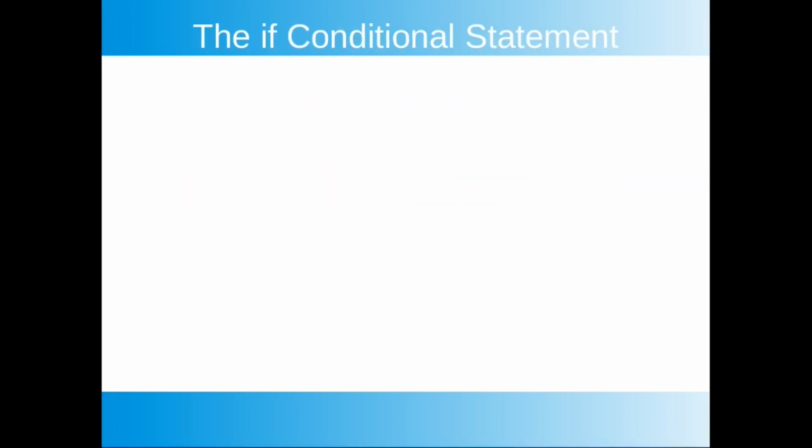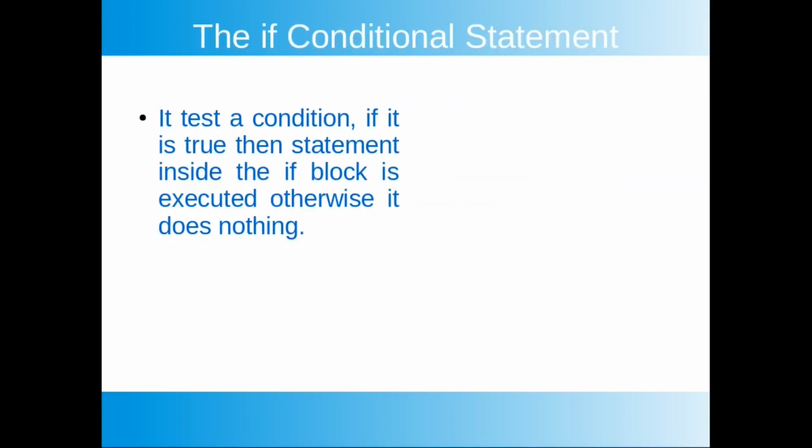The first is the if conditional statement. In this type of statement, a condition is tested, and if the condition is true, then the statement inside the if block will be executed, otherwise it will do nothing. If has the following syntax: if condition, and then the set of statements that will be executed if the condition is true.